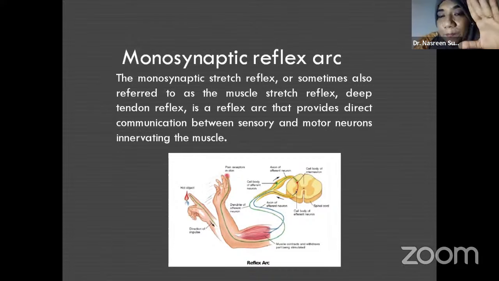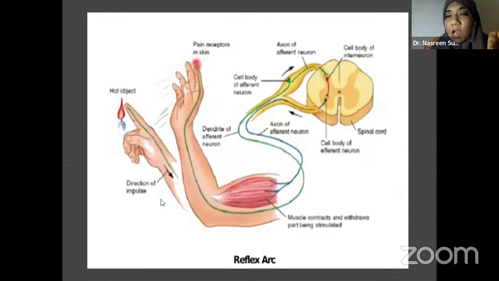The thing is, when there is one synapse, you can see here. How many synapses were there? How many interneurons are there? Only one, right? So there is only one connection. So it is called monosynaptic reflex.